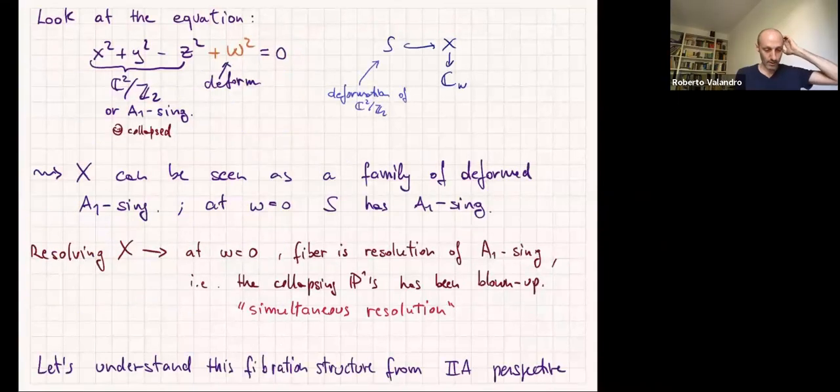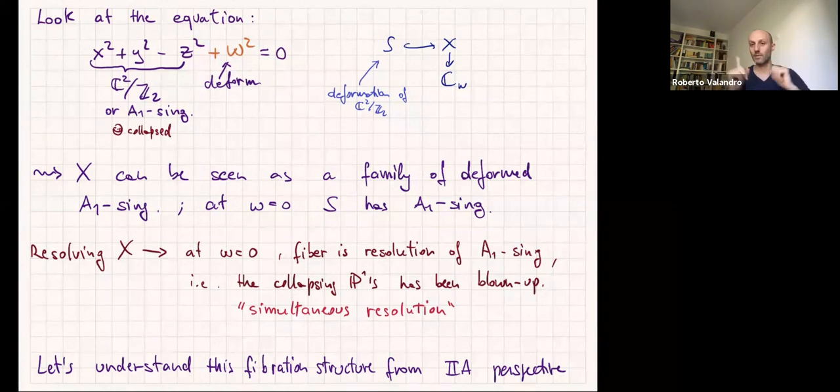And for the conifold, the deformed A1 singularity will be just adding some mu here, and now I take mu equal to W squared, and this is the dependence, like in the E6 case. So the conifold is a family of deformed A1 singularities that at W equals 0 has a surface that has the full singularity. Now what happens if you resolve the conifold? The P1 blows up.